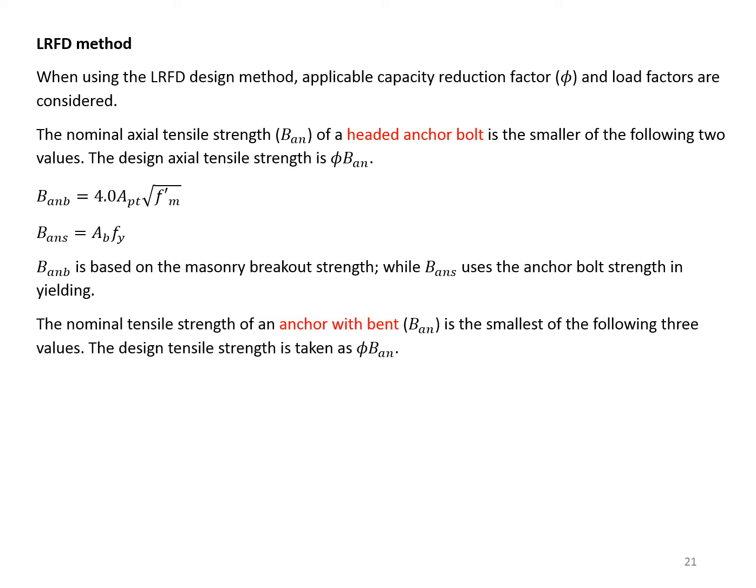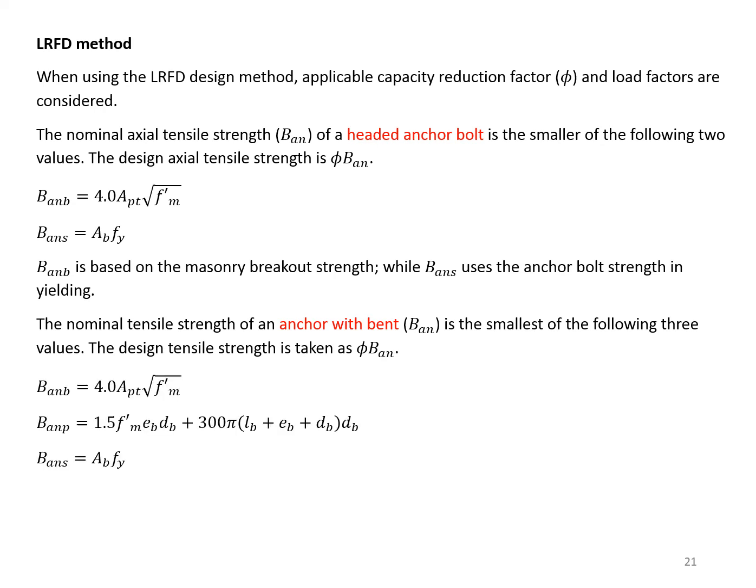The nominal tensile strength of an anchor with bend, BAN, is the smallest of the following three values. And the design tensile strength is of course taken as phi multiplied by the smallest of the three.